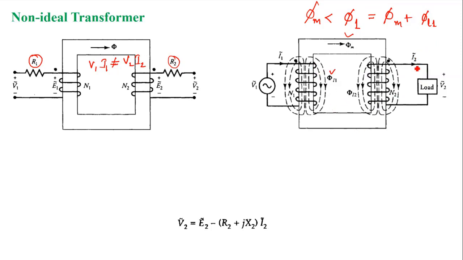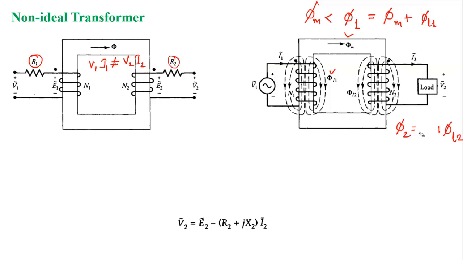Similarly, when the load is connected at the secondary side and the current I2 flows in the circuit, whatever flux is produced in the secondary side will not have any impact on the primary winding. Therefore, I can write phi 2 equal to phi m plus phi L2.